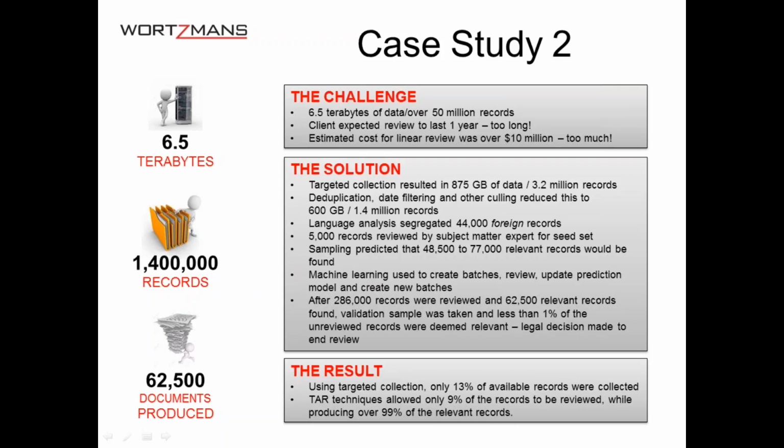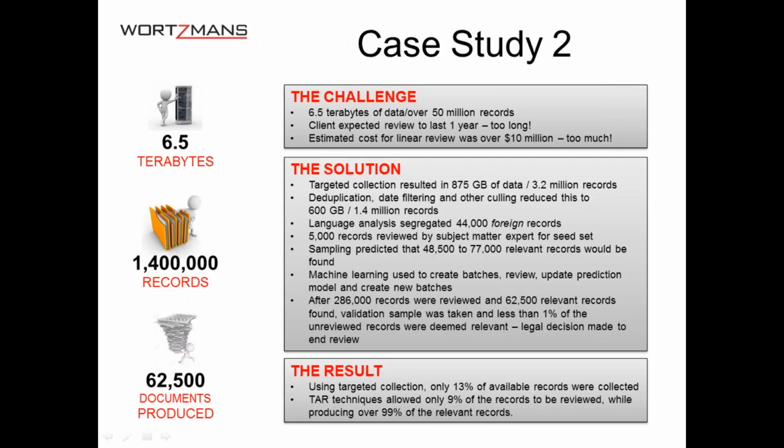And we talked earlier in our previous webinar about proportionality. Clearly, we would argue that was a very proportionate result. And it worked so well because our clients were comfortable and they understood the process and they knew that when they were stopping the review, we had validated the results.